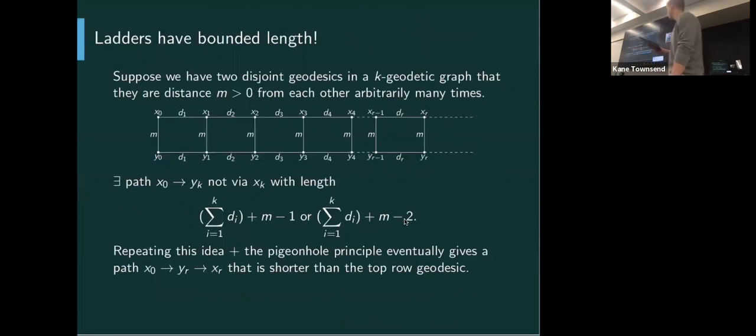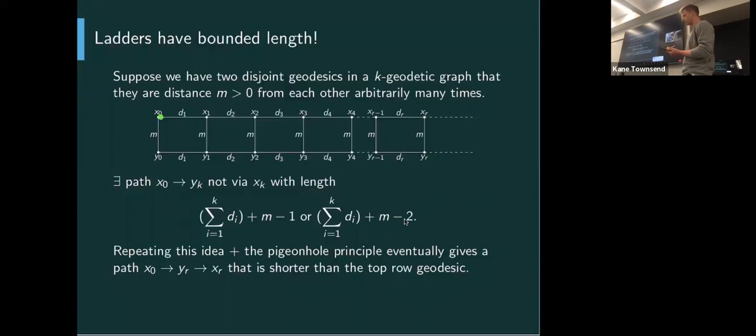What we do with that is we do it to one block, then we step along and do it to another block, and we get another shorter path. We do that repeatedly, then the pigeonhole principle, then repeat again, and we keep getting shorter and shorter paths. Eventually you get a shorter path from x0 to some xr that does go via yr.